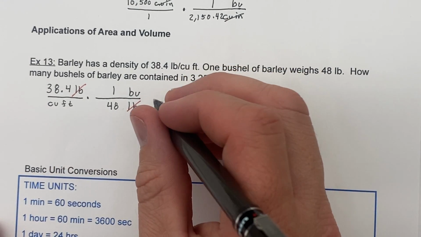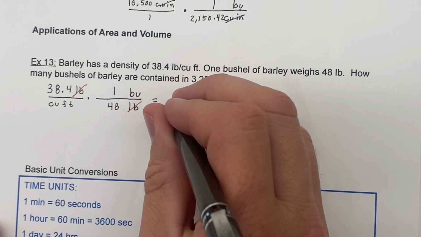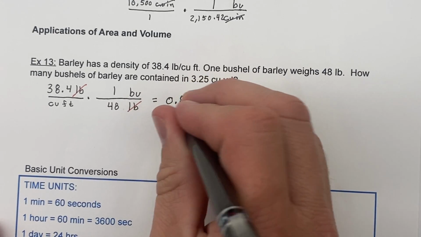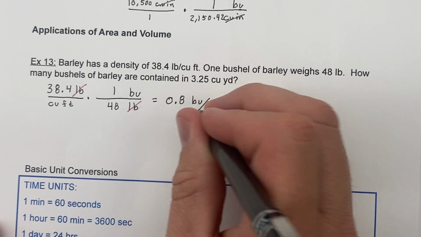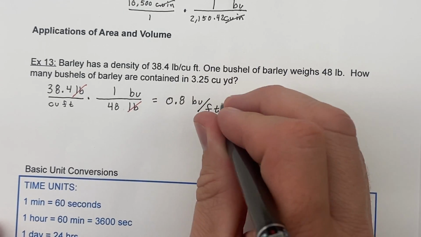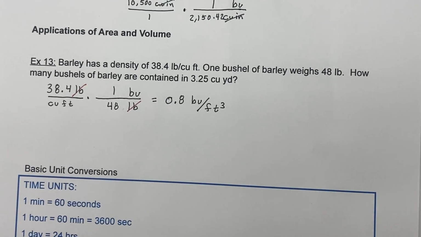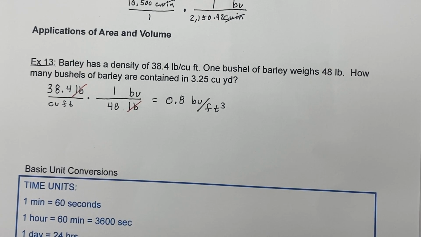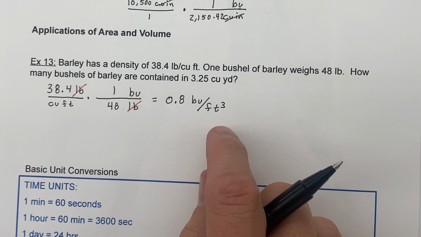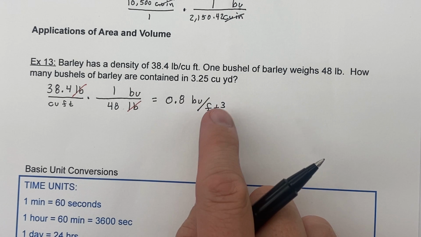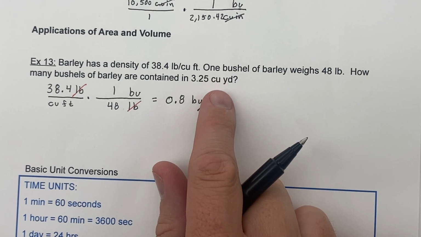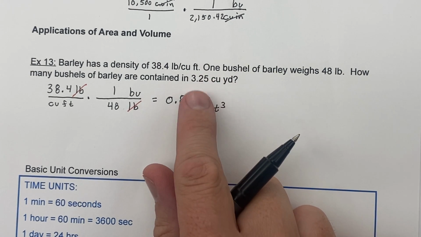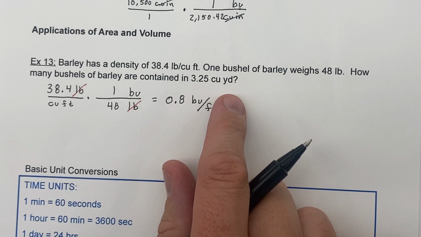38.4 over 48 gets us what? 0.8 bushels per cubic foot. So we've got this number to work off of. That's good. What are they comparing it to? Is it cubic feet or cubic yards? This is 3.25 cubic yards.